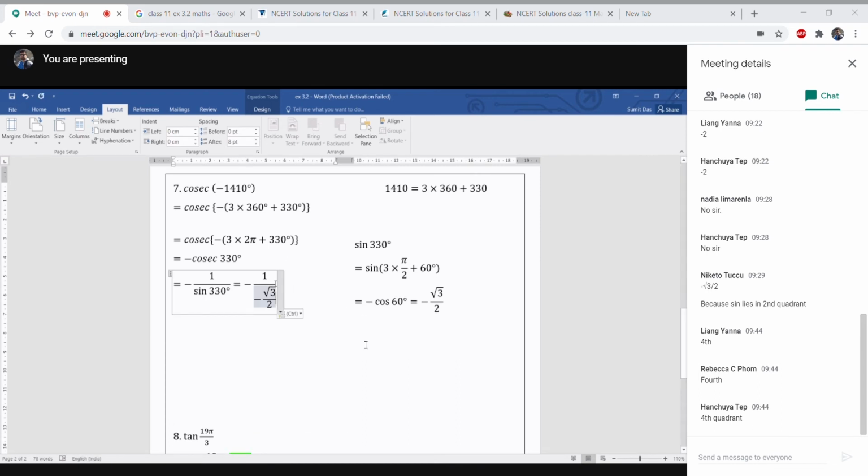So the ultimate value will be 2 divided by square root of 3, so this is our answer, 2 by root 3.